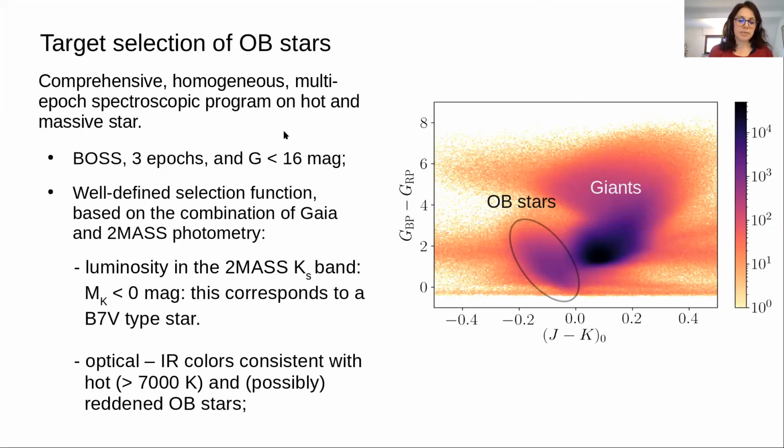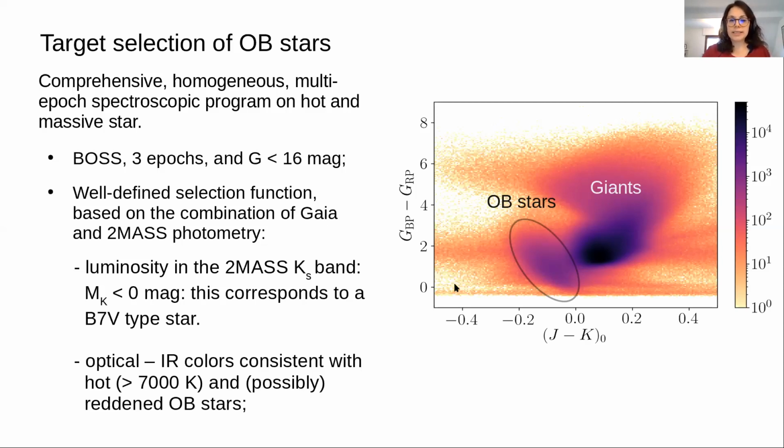To select them, we mainly used 2 criteria. The first criterion is on the luminosity in the infrared in the 2MASS K band, and in particular we are selecting stars that are brighter than 0, which roughly corresponds to stars of earlier type than B7.